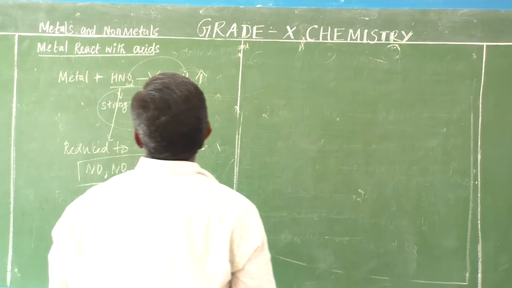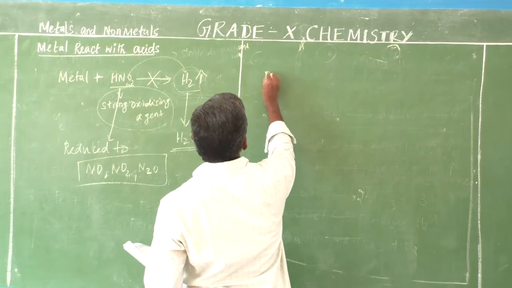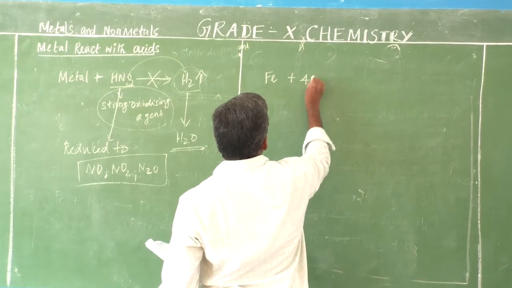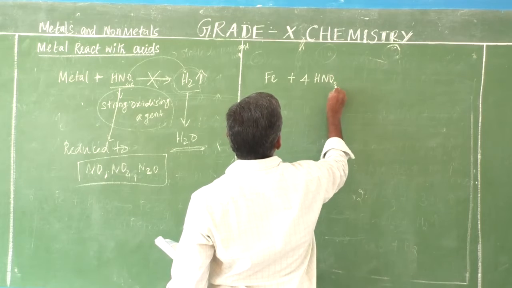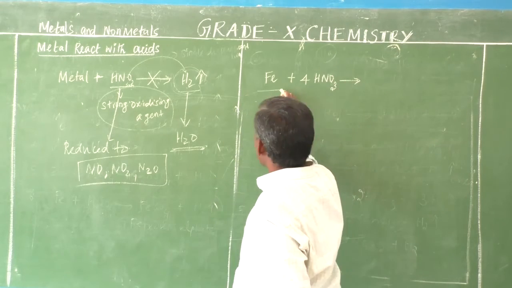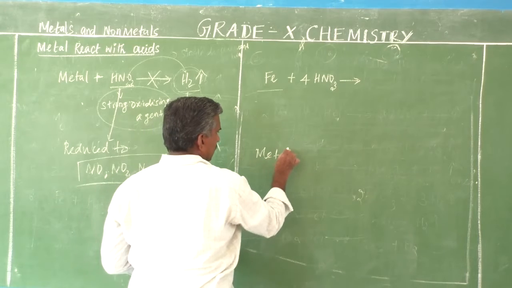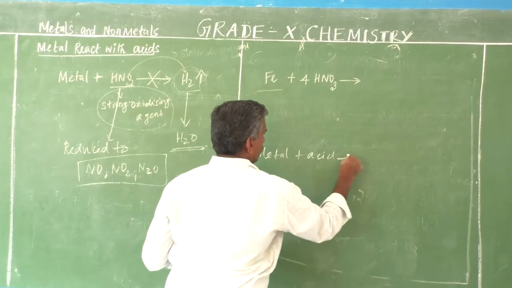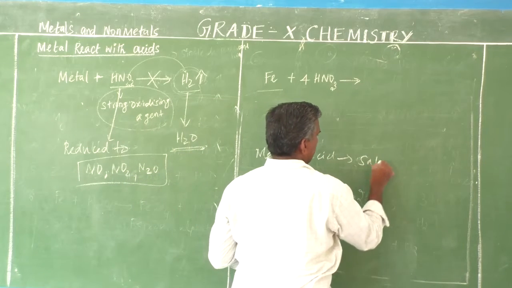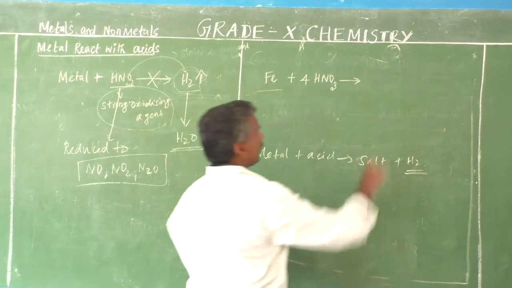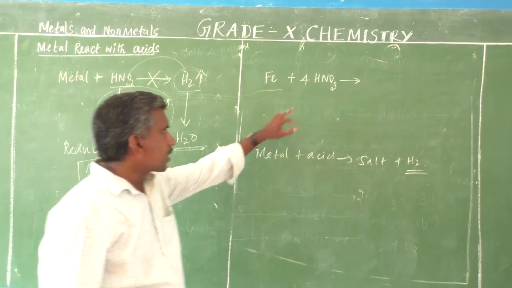One great example is iron reacting with nitric acid. Generally, a metal reacts with an acid to form salt and hydrogen. Here, hydrogen is not found in this reaction because nitric acid is an oxidizing agent.